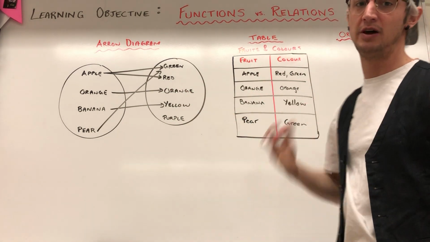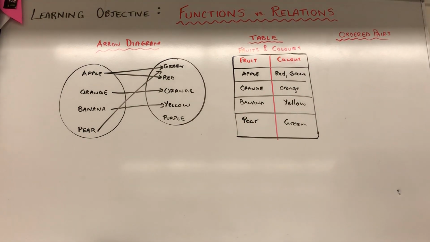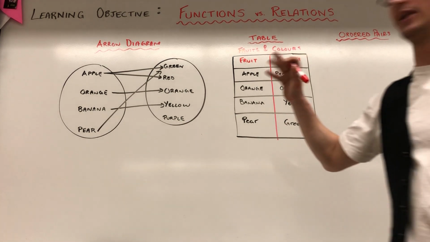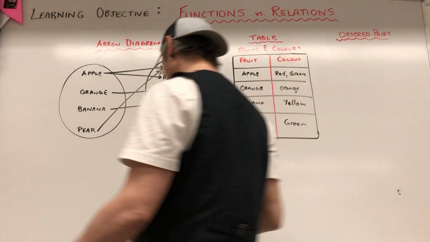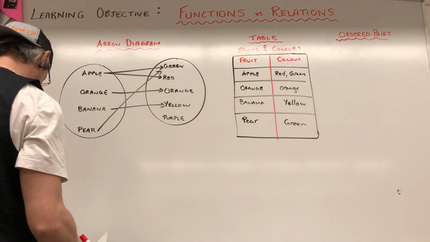Ordered pairs works much better when we're just dealing with input number, output number, where our output has a certain rule, like double plus 5 of each input. That's where ordered pairs works really great. It's not the best for this, but this is what it would look like. Ordered pairs. I just want to get the right syntax here.